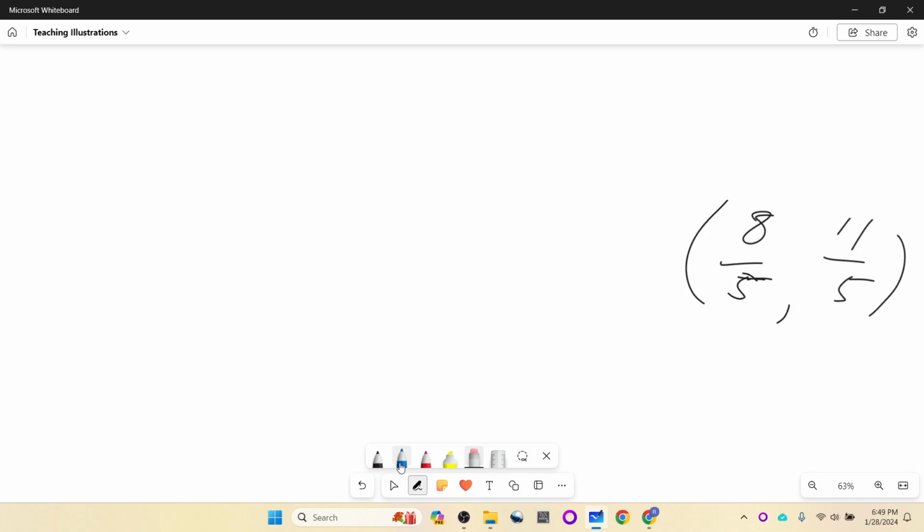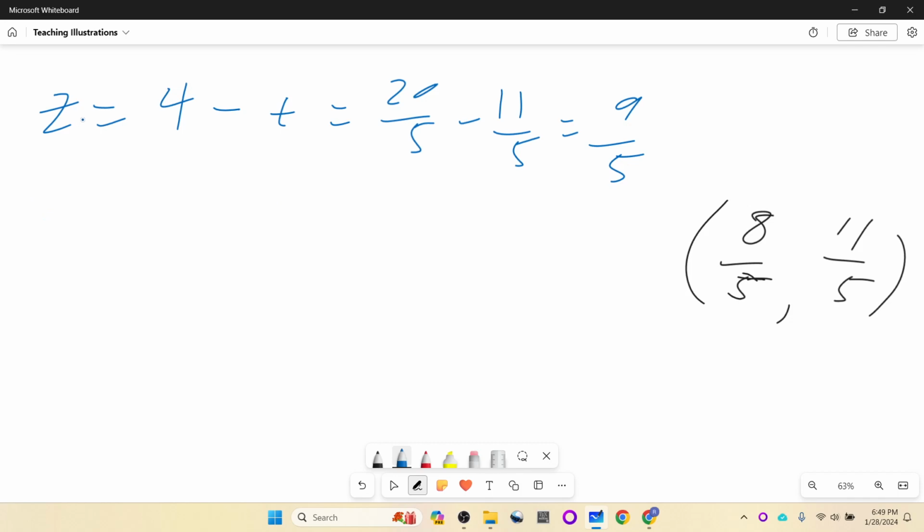The question is, does it also work for z? So let's plug into z. Z is 4 minus t, which is 20 over 5 minus 11 over 5, which is 9 over 5. That's Z1. Or is it Z2? No, it's Z2. And Z1 is negative 3 plus 4s. Maybe it's Z. I might mix up 1 and 2.